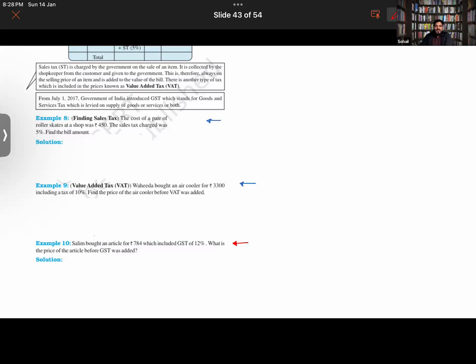First of all, you will find the GST amount. What is the GST amount? Basically, meaning 12% of 784 is how much?